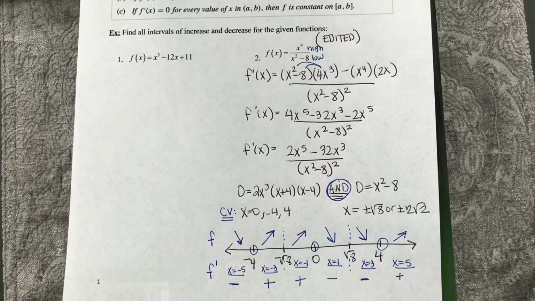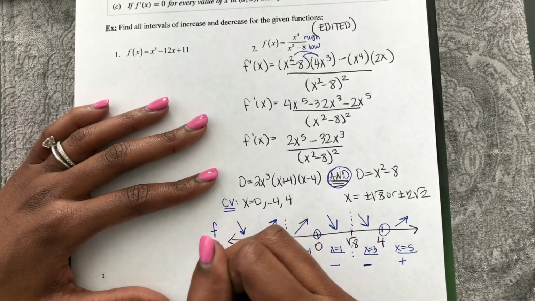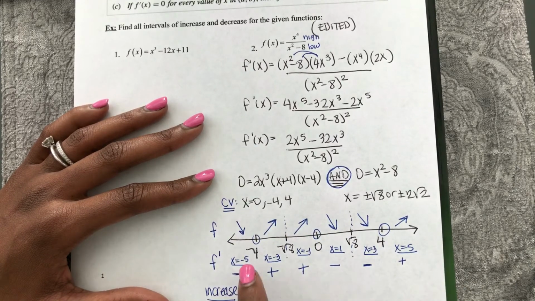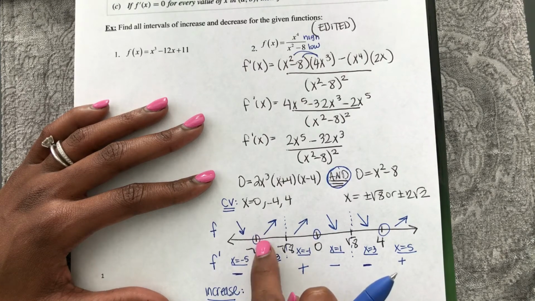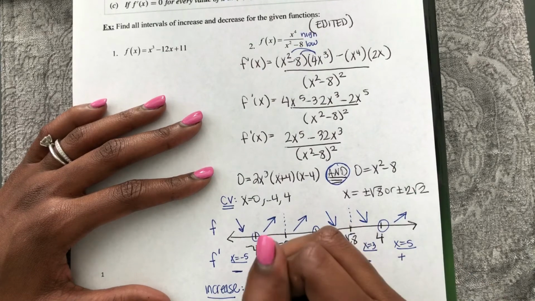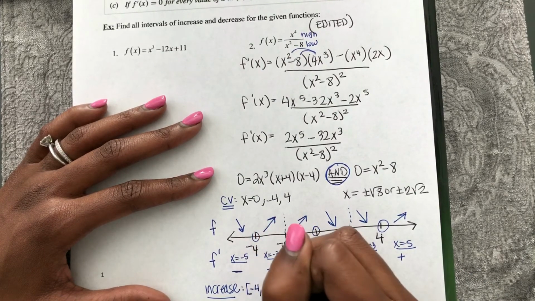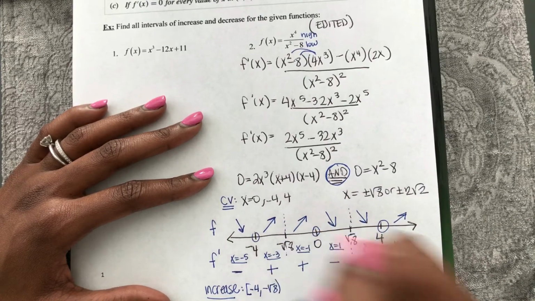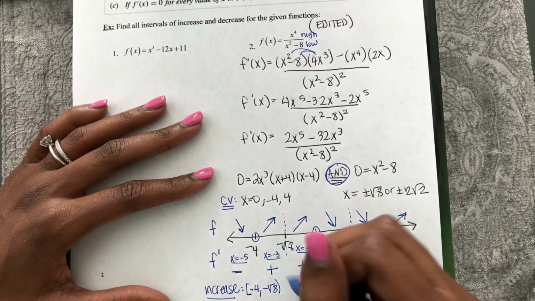So now, if I am stating my intervals of increase, okay, I see it's increasing from -4, including it since it exists at -4, until -√8. So -4 until -√8, but notice it does not exist here, so I can't include that value.